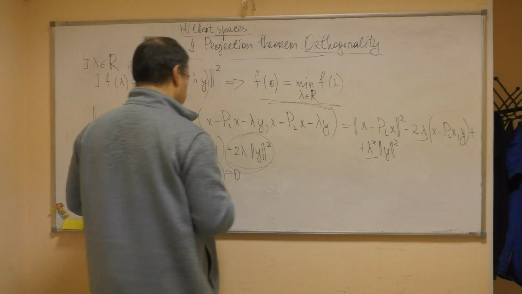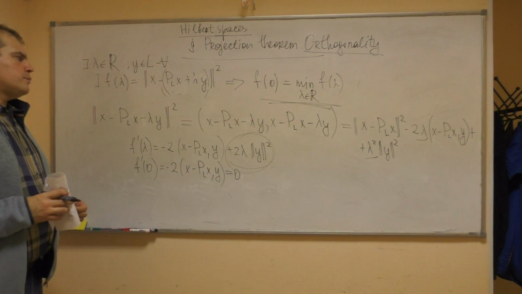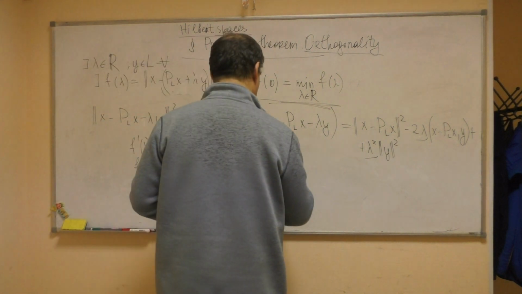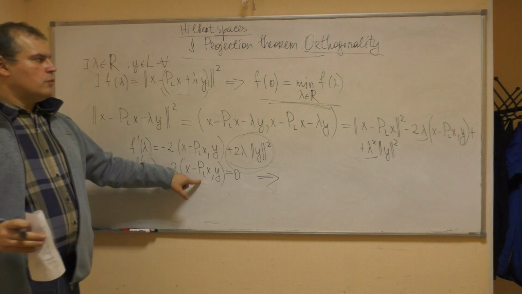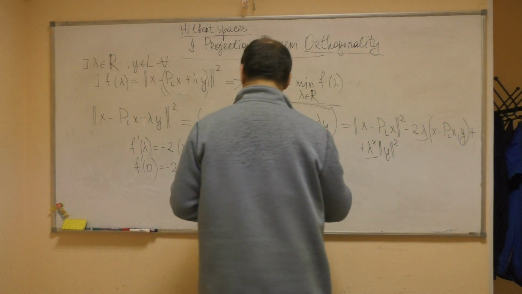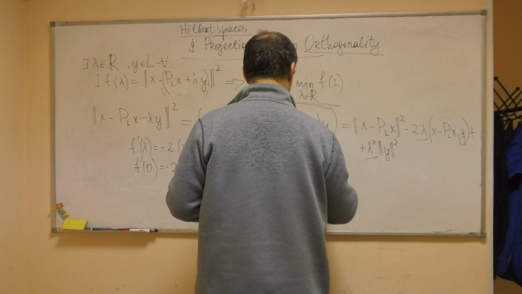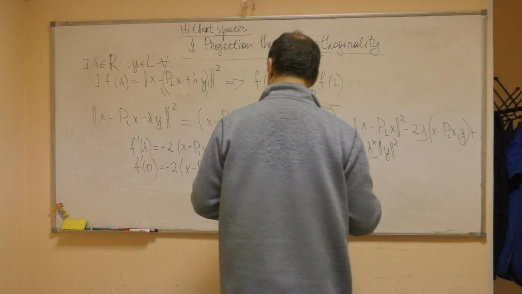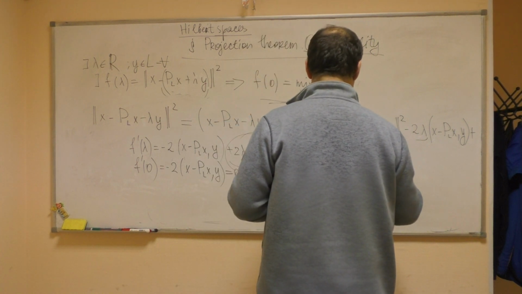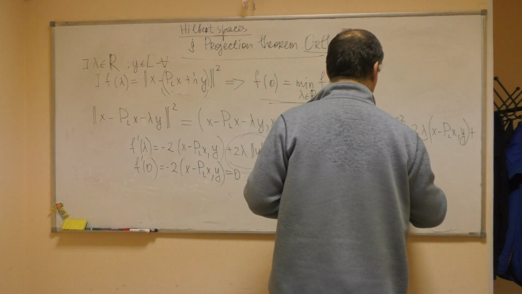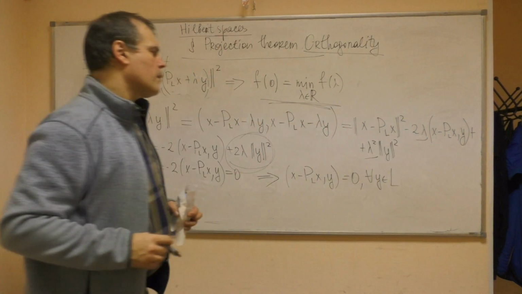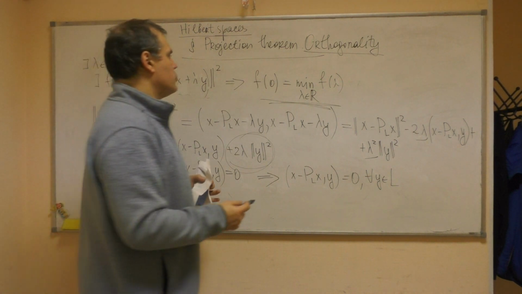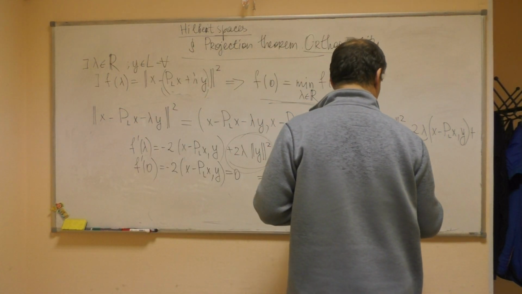And it should be equal to 0. So we have got that the inner product of this difference is equal to 0 for each y from A. It's exactly what we would like to prove.